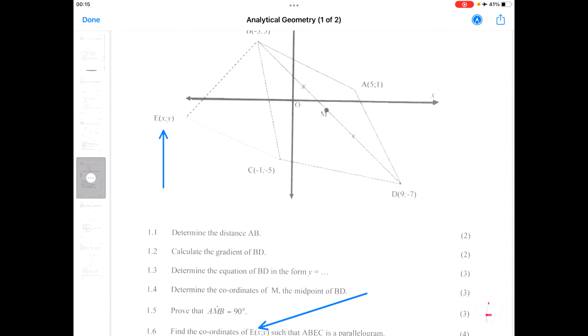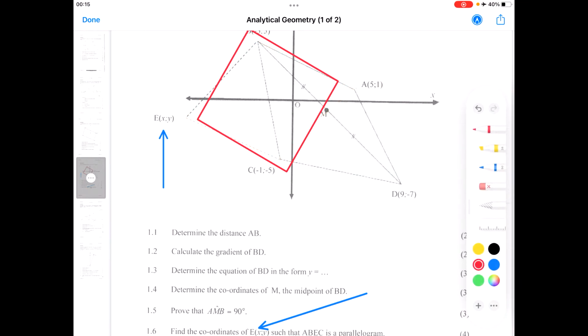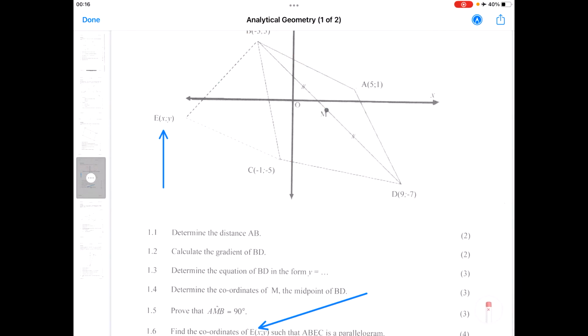Find the coordinates of E such that ABEC is a parallelogram. Let's try to redraw that to go from A to B to E to C, and then close it there. No, it doesn't take the correct shape. I'll need to remove it, and then I'll manually draw that. So from A straight, and then from B straight, and then from there to there straight, from there to there straight. Okay.